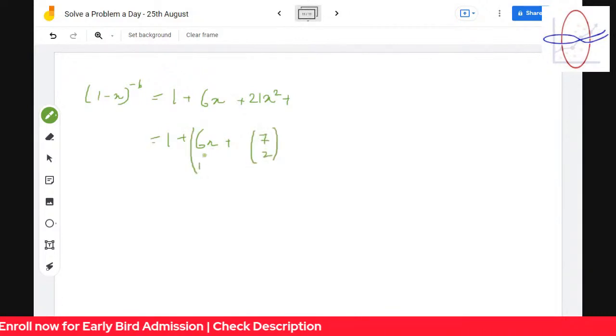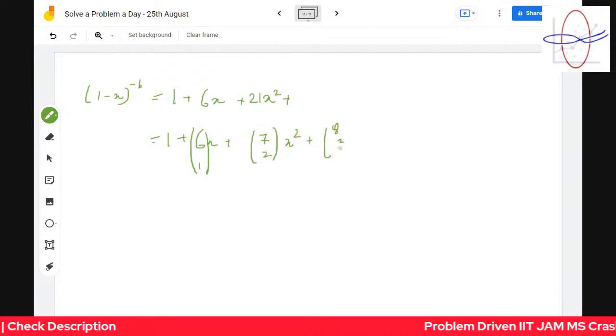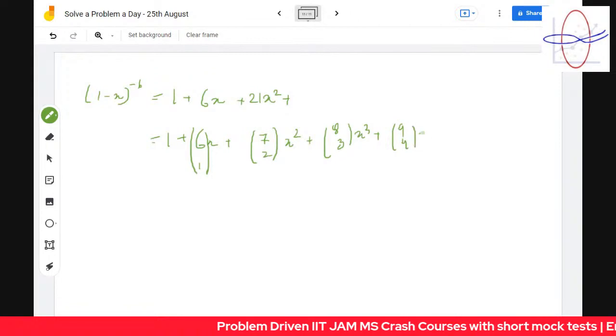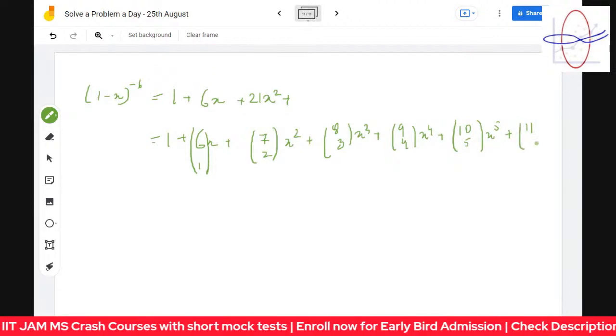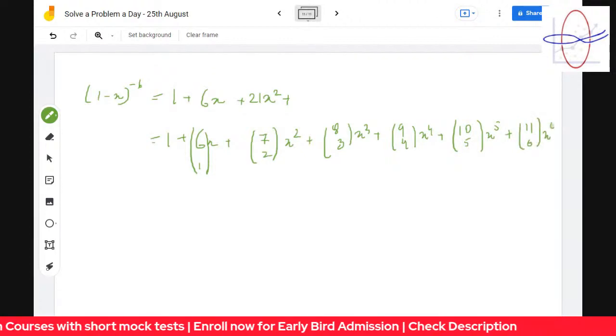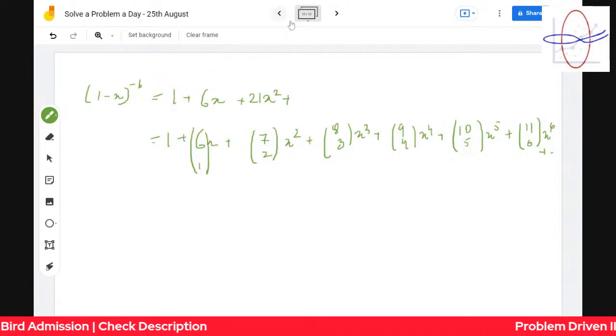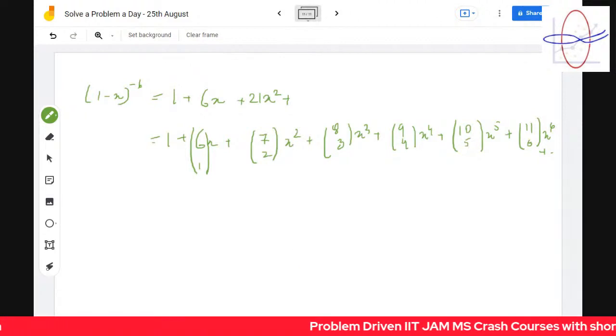It's 6 choose 1 actually into x, plus 7 choose 2 x square plus 8 choose 3 into x cube plus 9 choose 4 into x to the 4 plus 10 choose 5 x to the power 5 plus 11 choose 6 x to the power 6 plus dot dot dot. We don't need more than that because we need to find the coefficient of x to the power 6. That's exactly what we get over here.